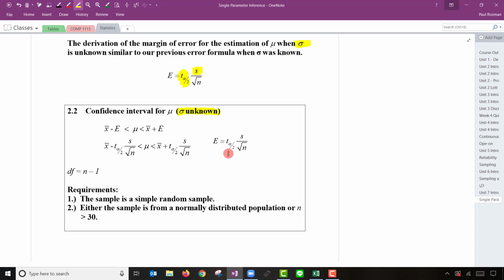And if your population is small, but you know it's normally distributed, then you're good to go as well. That's what this is saying. Either the sample is from a normal population or we have a big sample size. If we meet those conditions, we're good to go with the t-distribution. And remember, when you're reading that t-table, it was degrees of freedom of n-1.